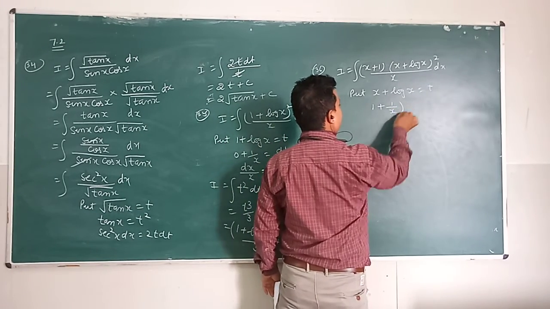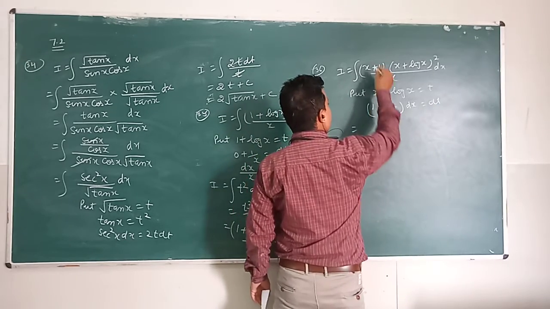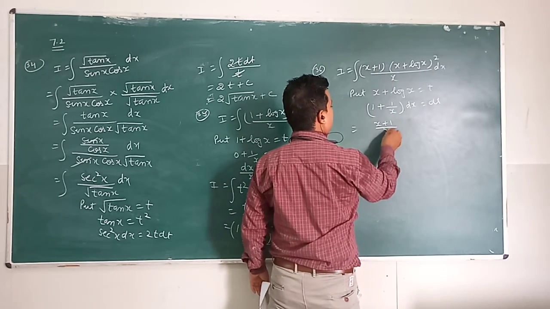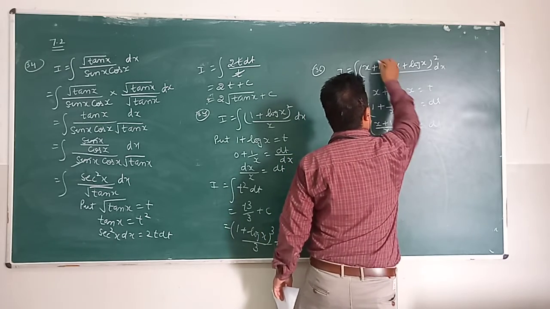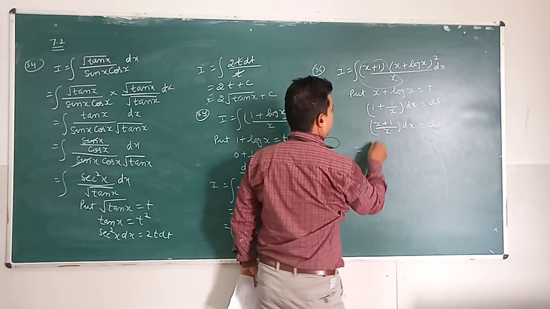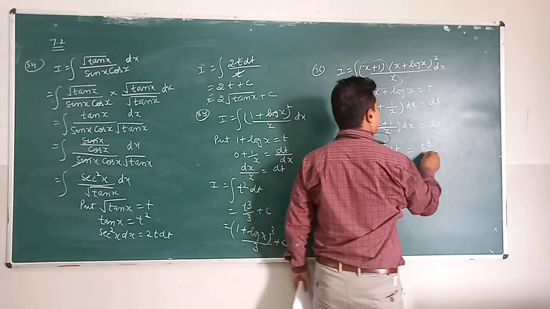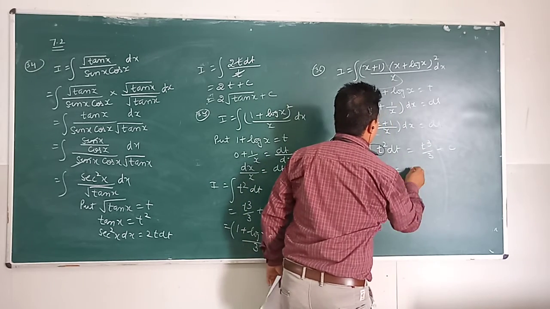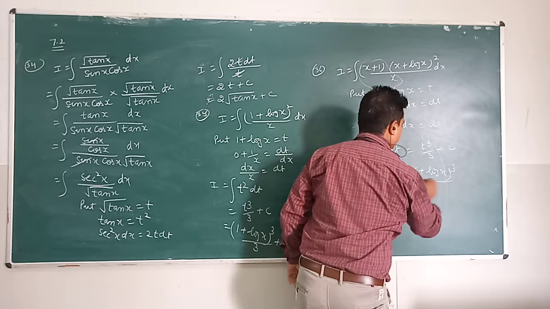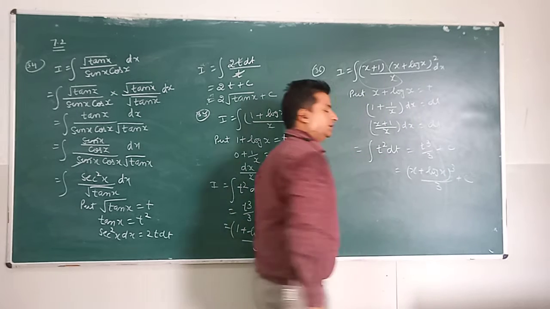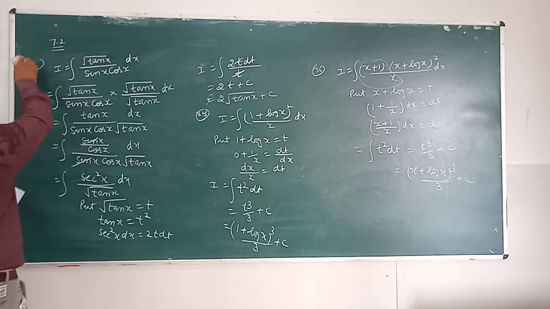Derivative of x is 1, log x is 1 by x. So this is (x plus 1) upon x, dx is dt. So this is t square into dt. So integration of this is t cube upon 3. Value of t is (x plus log x) cube divided by 3. This is the answer of question number 36.